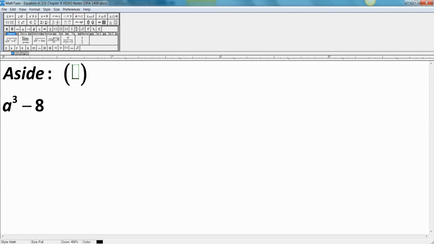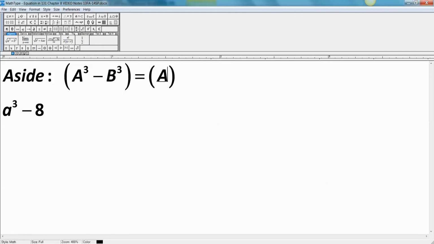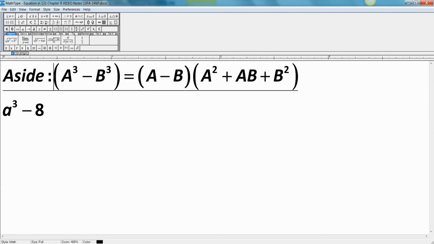You don't have to memorize it. It's just in your formula sheet. So a cubed minus b cubed is equal to a minus b, a squared plus ab plus b squared. That's the formula for it.